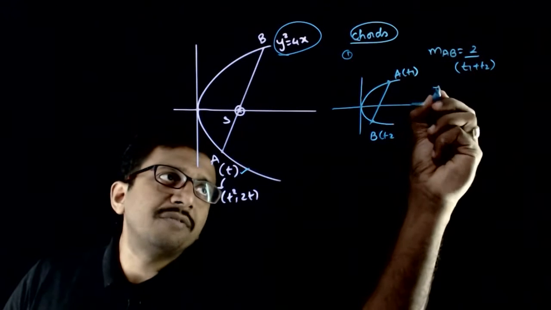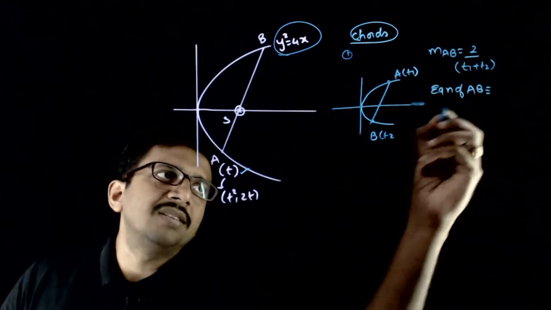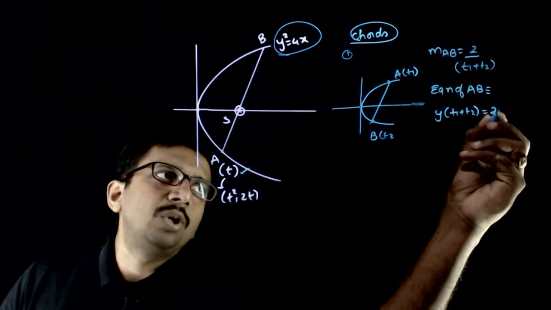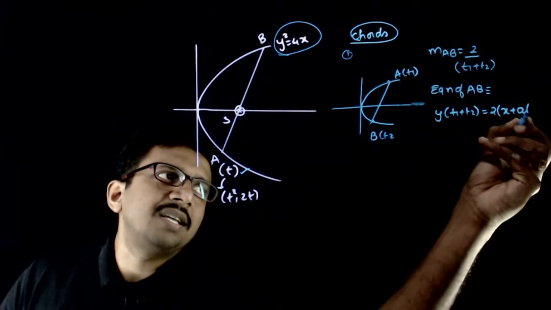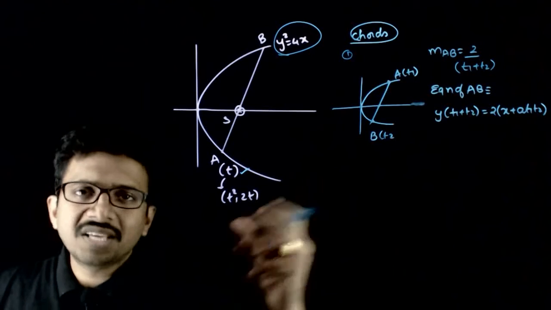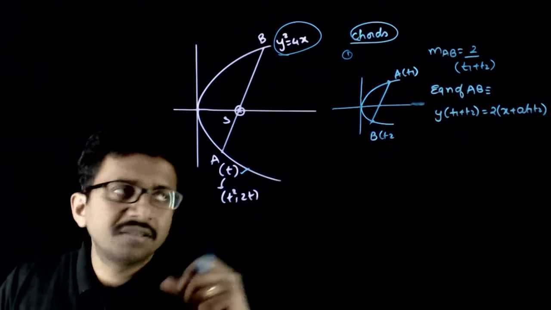Next, the equation of AB is y times t1 plus t2 is equal to 2 times x plus a t1 t2. All of these can be derived very easily, but you need to remember these as standard results.